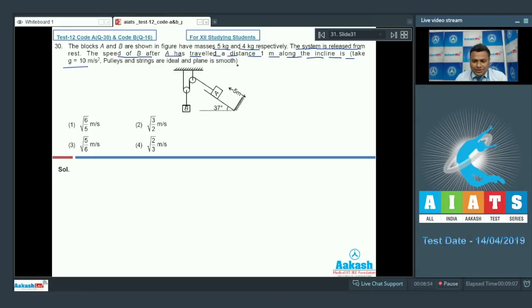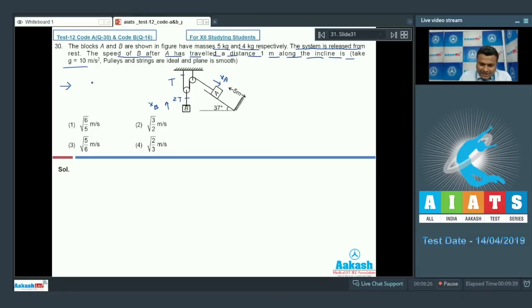There is no friction. Now first of all, let us establish the constraint relation here. Suppose tension in this string is T, then tension in this string must be 2T. Now according to the constraint relation, suppose B has traveled a distance XB upward and A has traveled a distance XA upward.